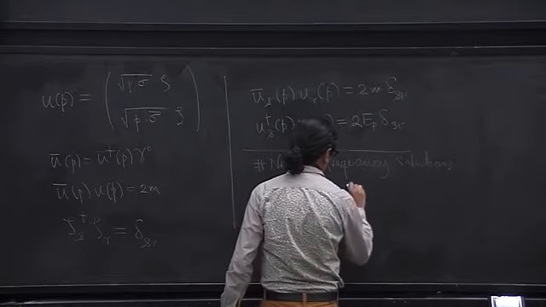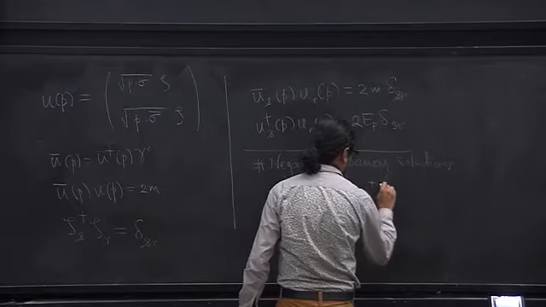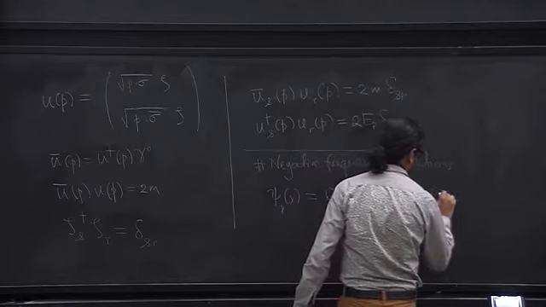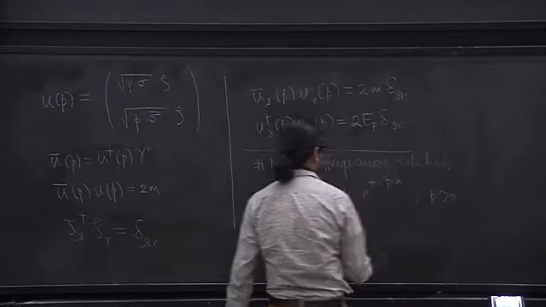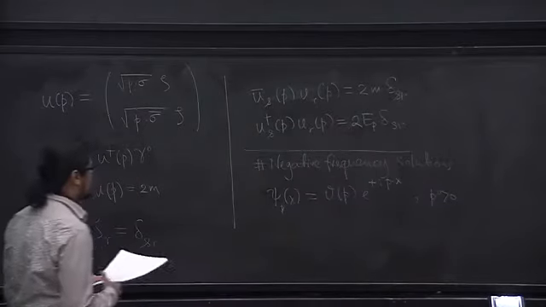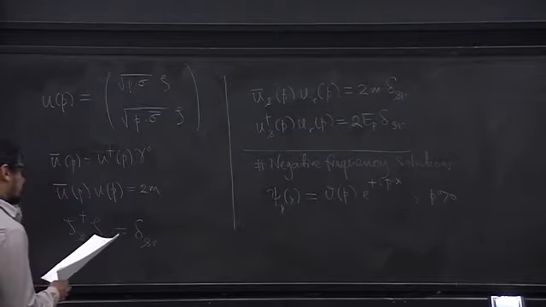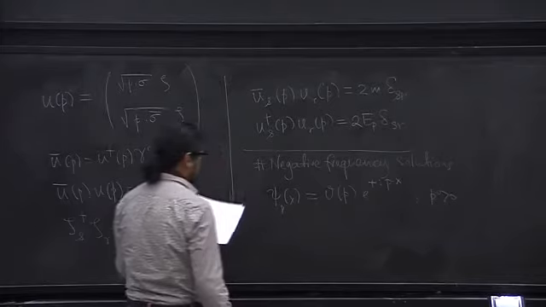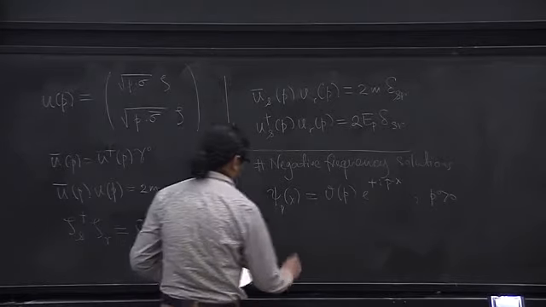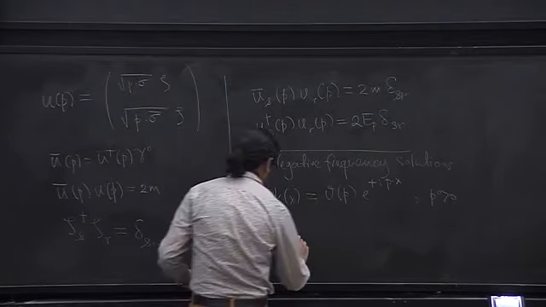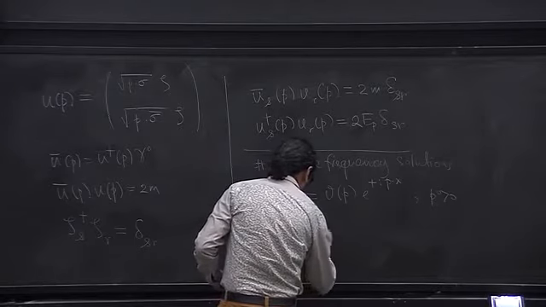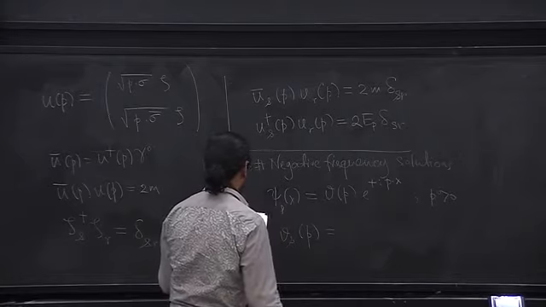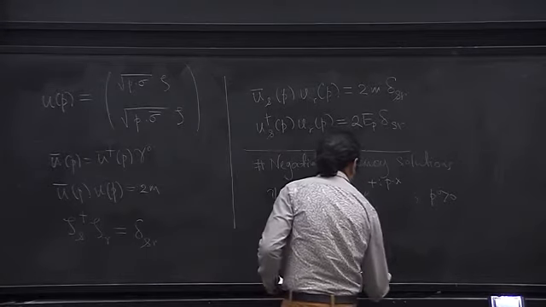So v of p, e to the power plus i p dot x, where p is still a positive quantity. This sign difference is what makes it a negative frequency solution. And you can do the same calculation, but there'll be some small changes, and derive what the v spinors at some arbitrary momentum are.